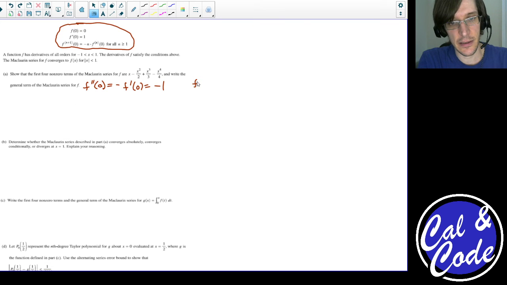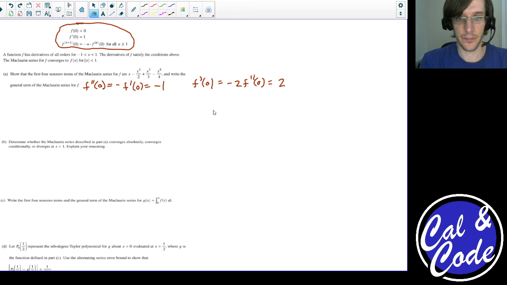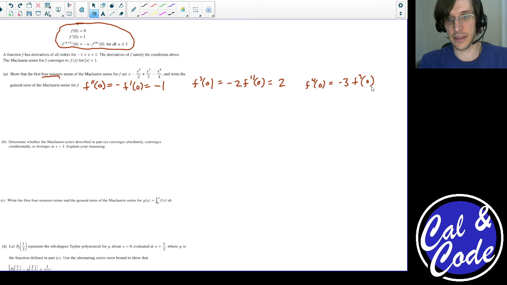The third derivative at 0 is going to equal negative 2 times the second derivative at 0, so that's going to equal positive 2. And to get the fourth term, which is what I need, the fourth derivative at 0 is going to equal negative 3 times the third derivative at 0. So this is going to be equal to negative 6.